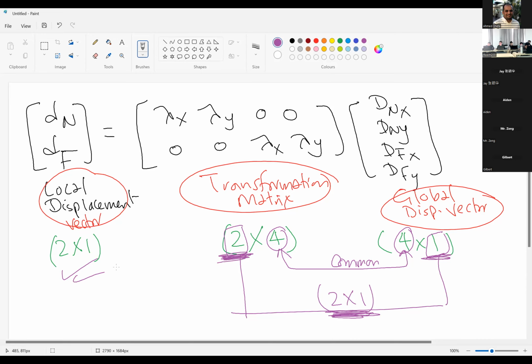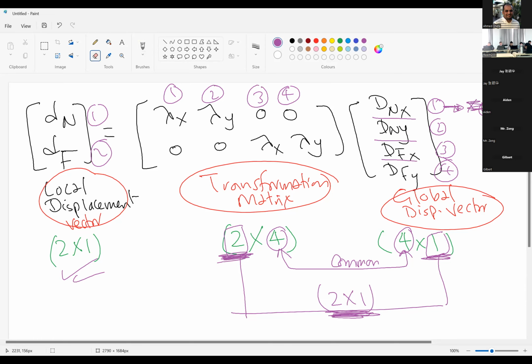For the numbering, dn has 1, 2. Lambda x, lambda y has 1, 2, 3, 4, and the global vector has 1, 2, 3, 4. What is always number 1? The X direction for node 1, or dnx.